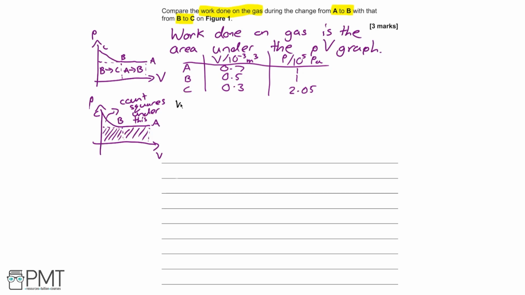So our first mark is for saying work done is area under the graph. And for calculating the area between A and B, this rectangle has a height of 1 times 10 to the 5 pascals, or 10 to the 5 pascals, because it's just this.